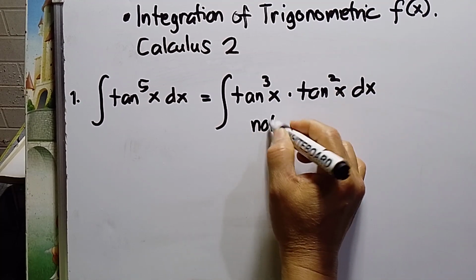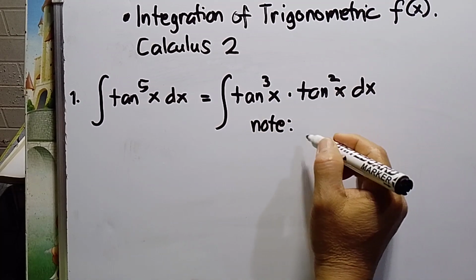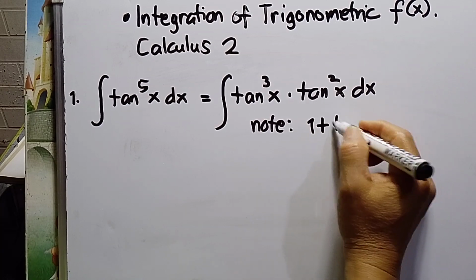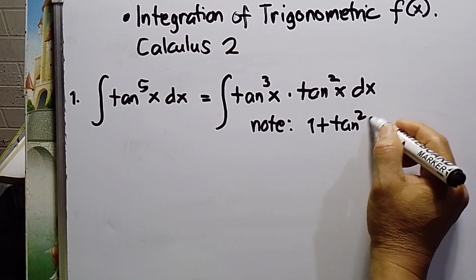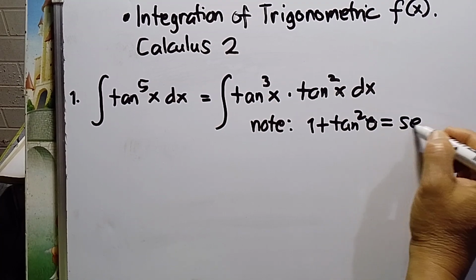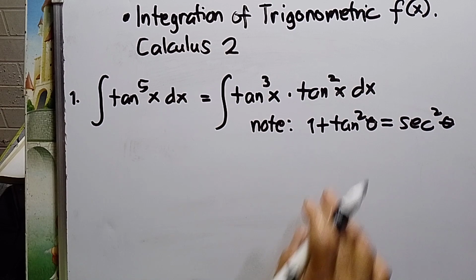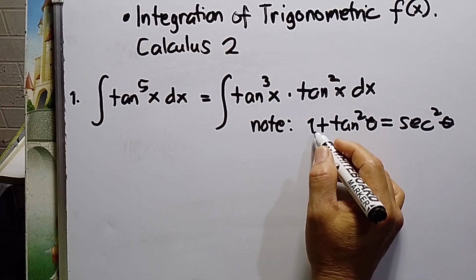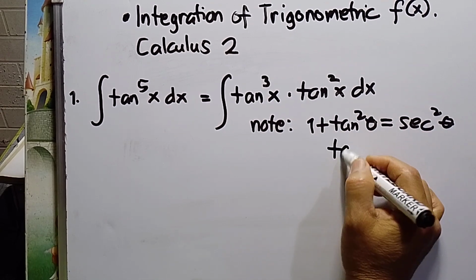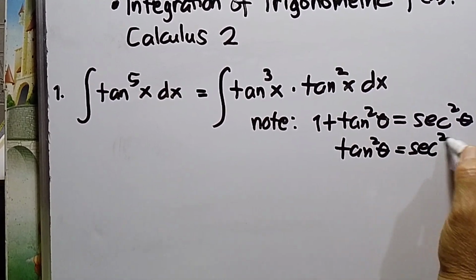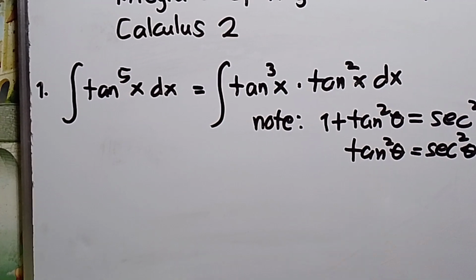Note, we have 1 plus tangent squared theta is equal to secant squared theta. Okay? So I can now revise this one: tangent squared theta is equal to secant squared theta minus 1.